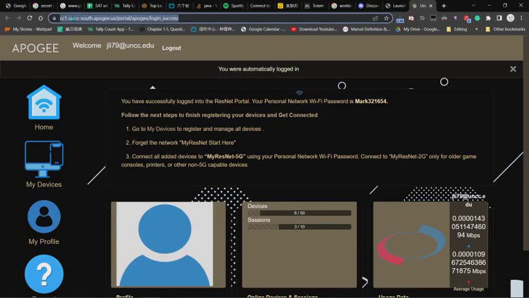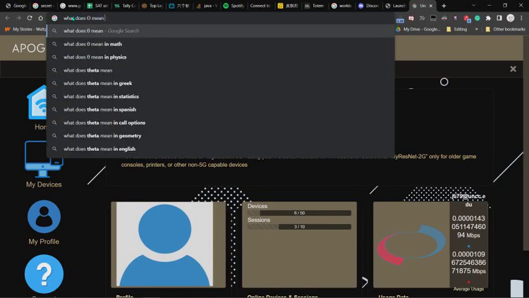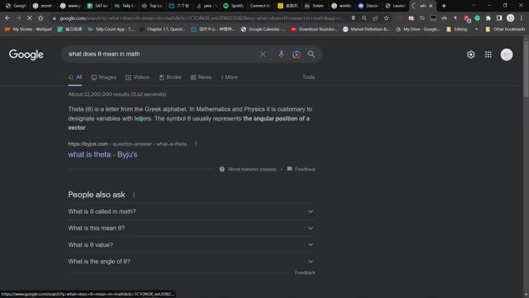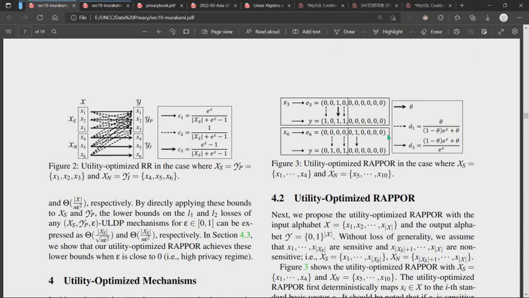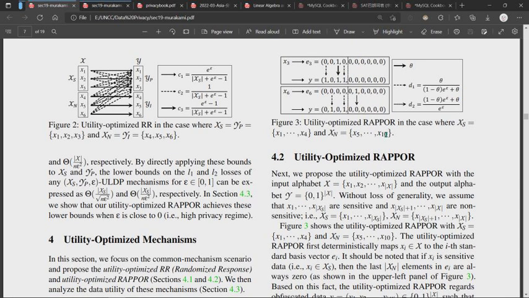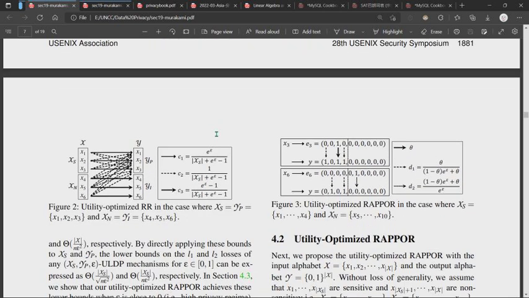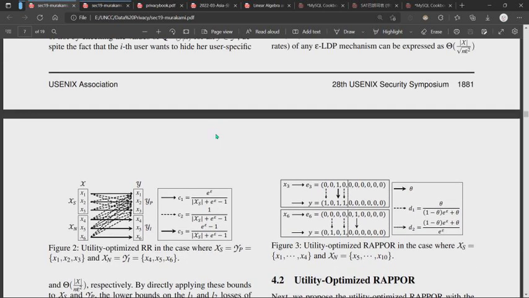What is this? It's a big angular position and utility optimized RR, just lower bounds on something.